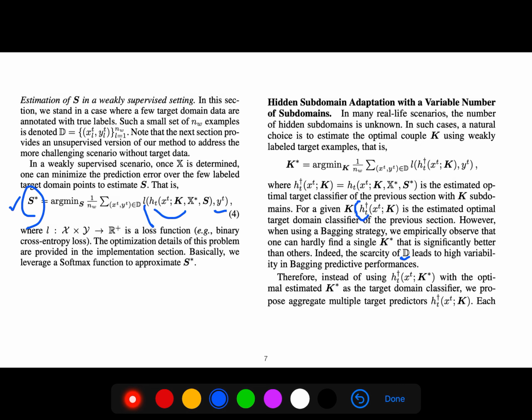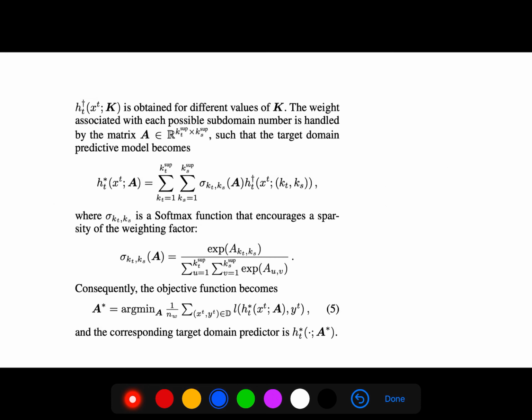Therefore, instead of using H sub t with the optimal estimated K star as a target domain classifier, we propose to aggregate multiple target predictors.